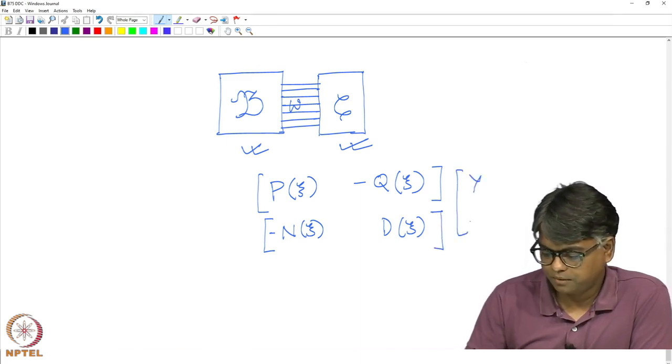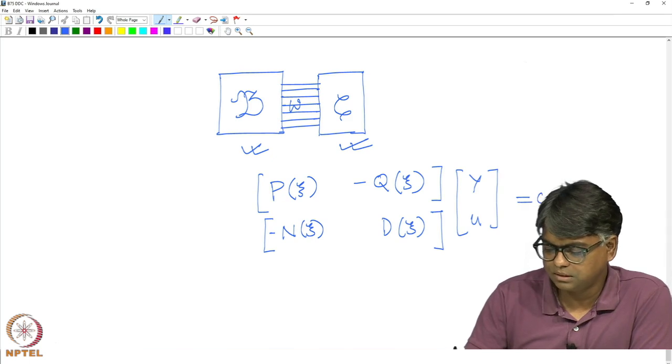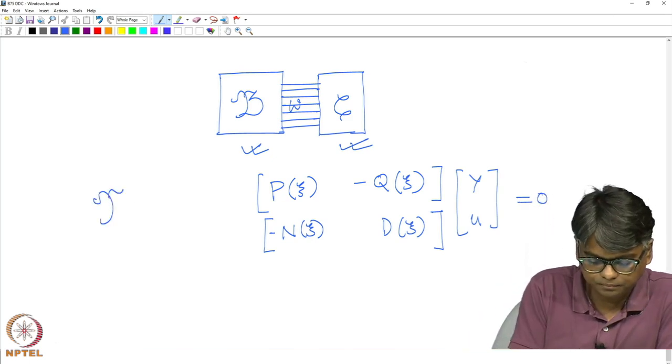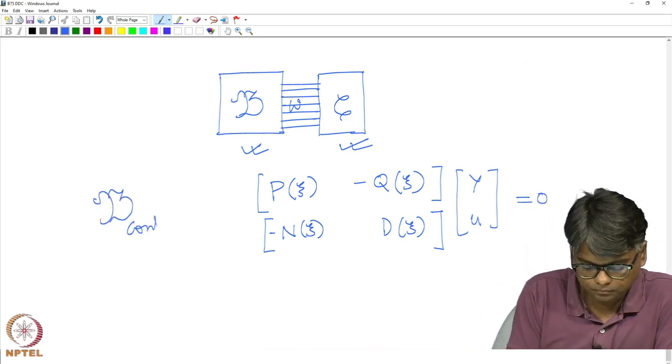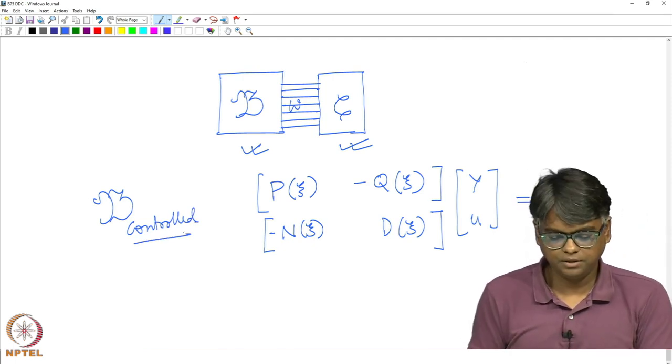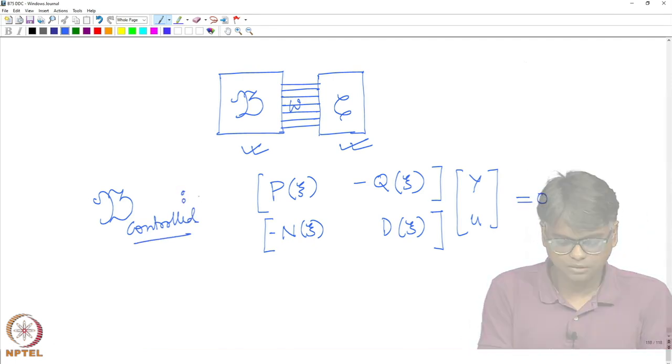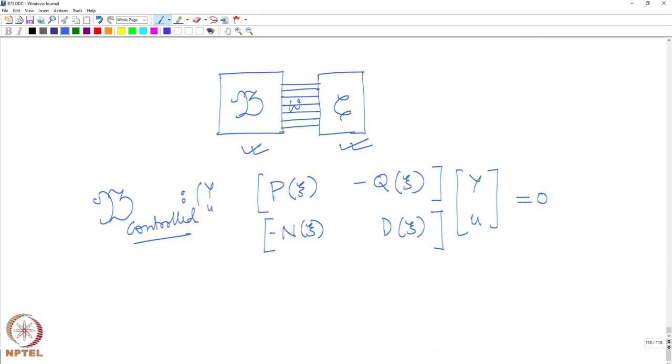Together this is what we have, acting on (y, u) equal to 0. This is the controlled behavior, given by these equations. Now, if that is the situation, what do we mean by pole placement? Well, to make it autonomous, we should have this to be a square matrix.